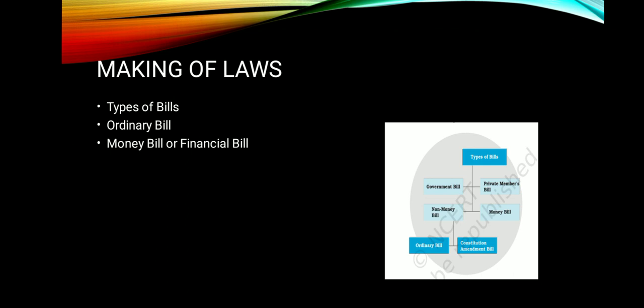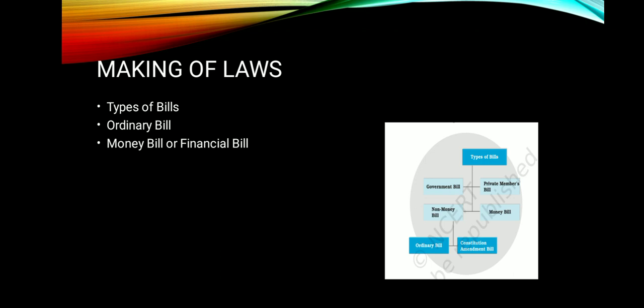An ordinary bill can be introduced first in any of the houses, either in Lok Sabha or in Rajya Sabha. But money bill. Now, what is a money bill? First, we should know what is a money bill.